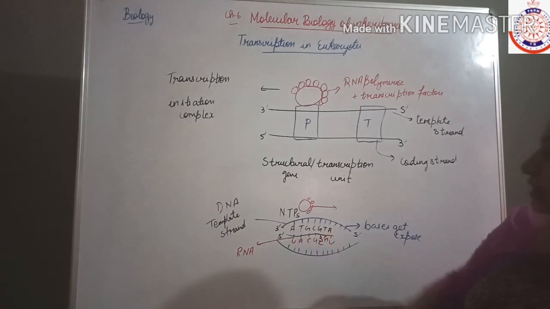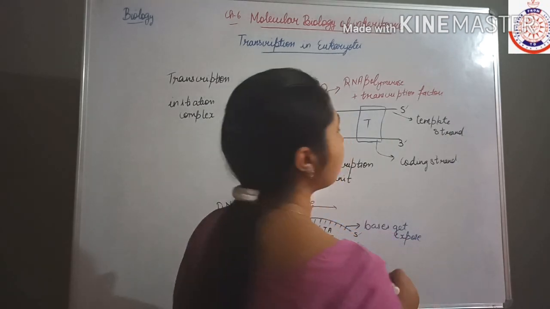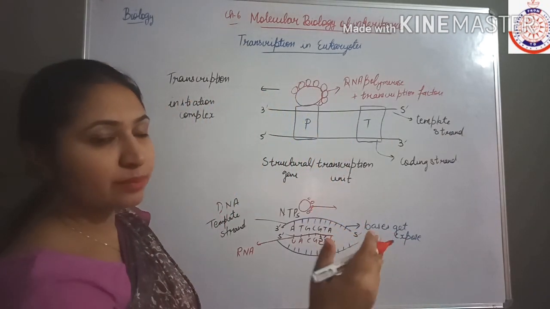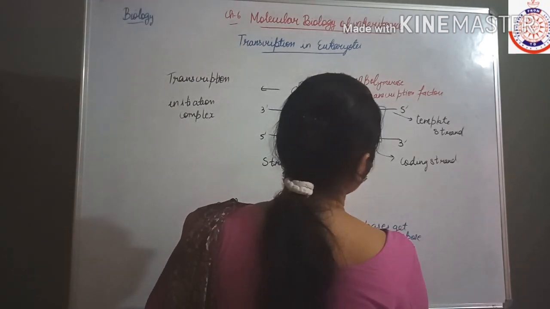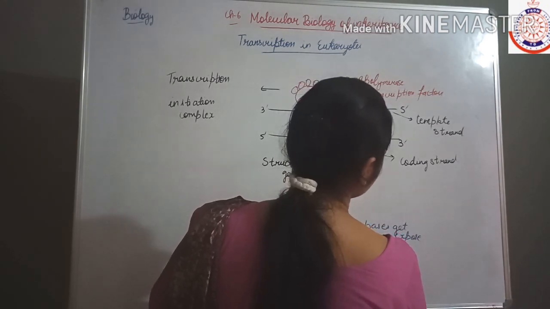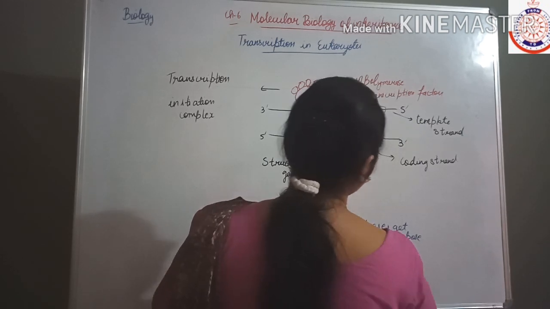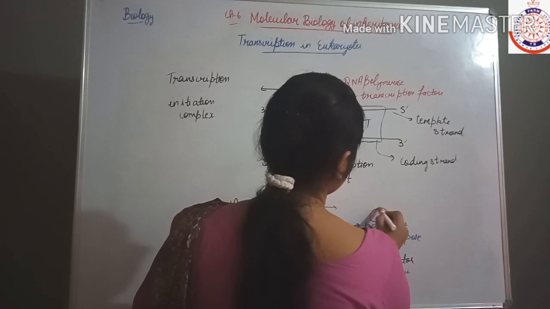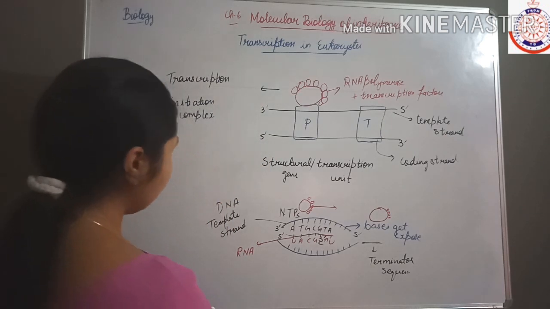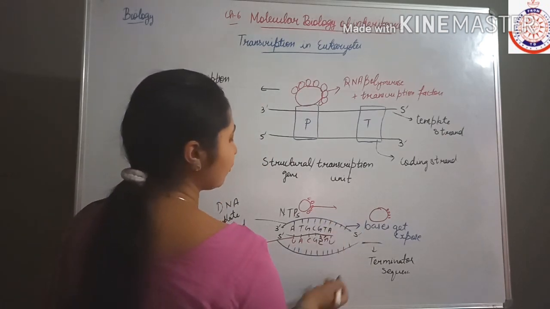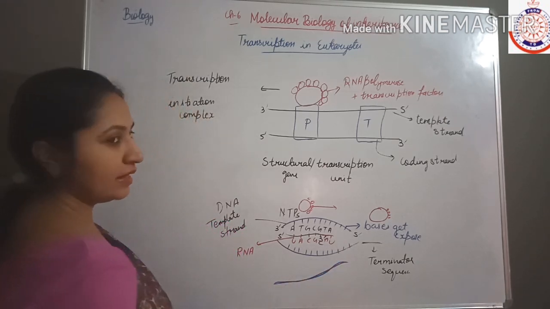As the RNA synthesizes, when the RNA polymerase reaches the terminator region, where the terminator sequences are present, automatically this RNA separates from the DNA chain and gets released from the DNA helix.